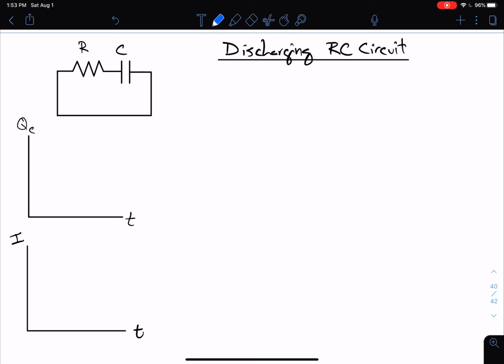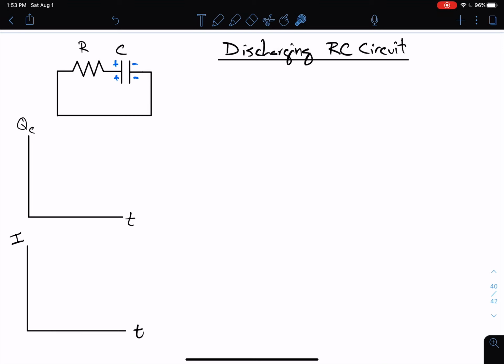And in this case, I'm going to say that this side of the capacitor is positive and that side is negative. So what's going to happen here is I've got all these electrons right here that are grouped together. And of course, they're all the same polarity, so they repel each other.